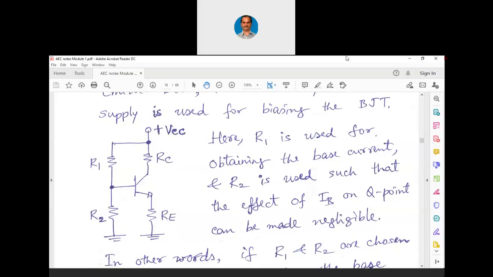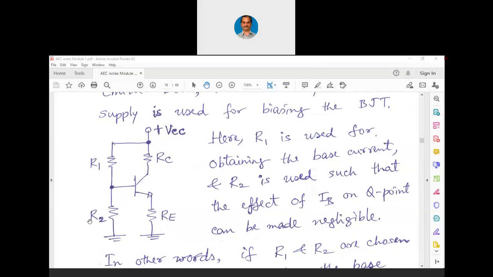It is the same formula as we used in the earlier one, in the emitter bias, because the output circuit is the same for both the biasing circuits. You can observe this. The output circuit is the same for both emitter bias and VDB.